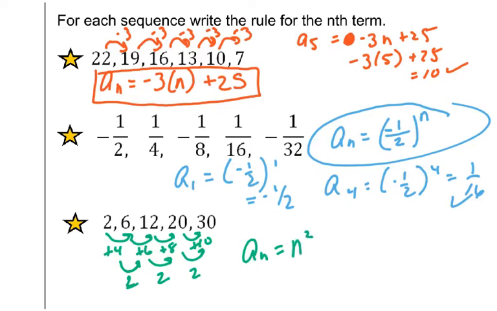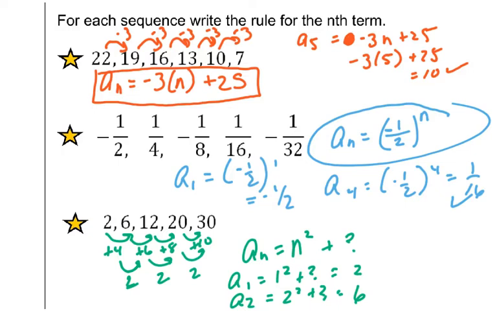So n squared plus something, because a sub 1 would be 1 squared, which is 1, not 2. So a sub 1 would be 1 squared plus something, and that equals 2. And a sub 2 equals 2 squared plus something, and that equals 6.